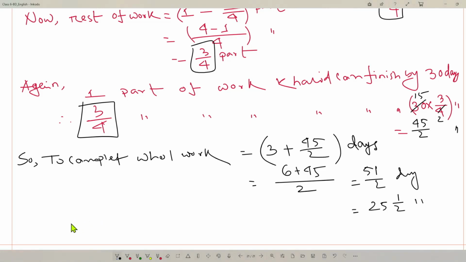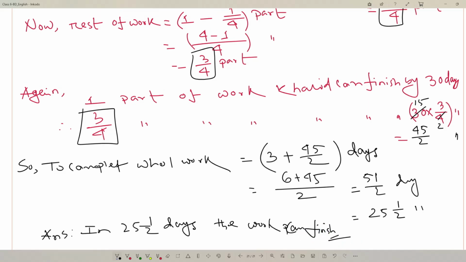So we can say in 25 1/2 days the work can finish.